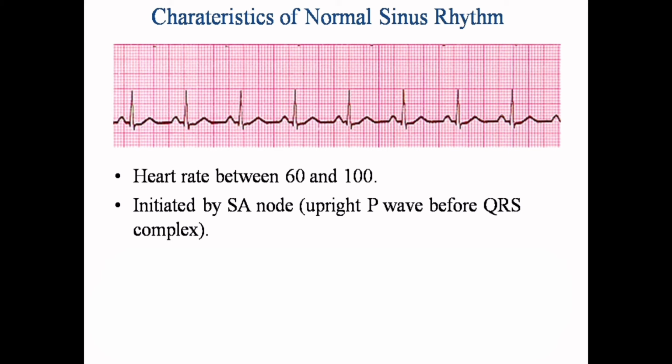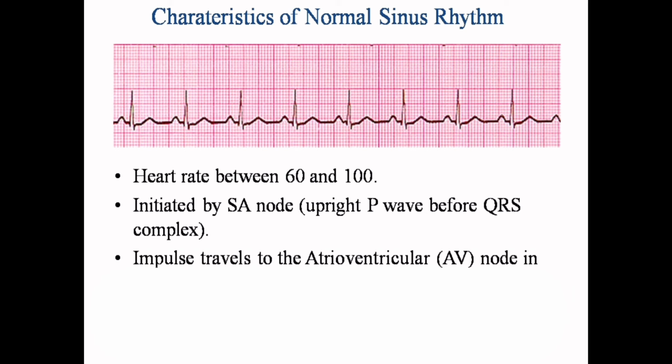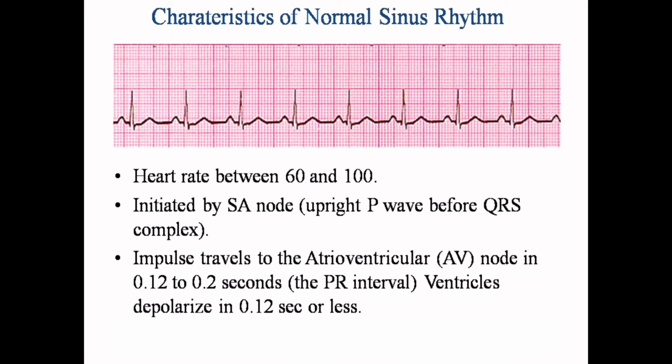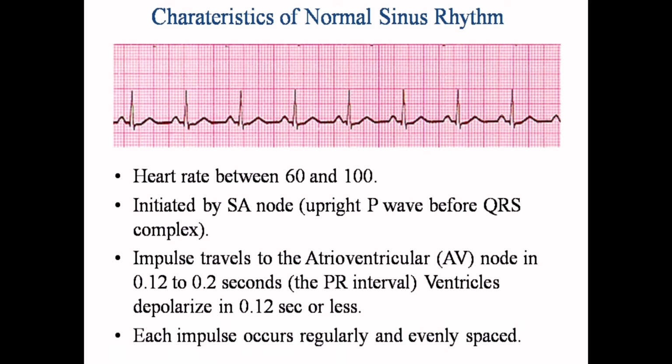The impulse travels to the atrioventricular node in 0.12 to 0.2 seconds, the PR interval, and the ventricles depolarize in 0.12 second or less. Each impulse occurs regularly and evenly spaced. So that is a characteristic of normal sinus rhythm.